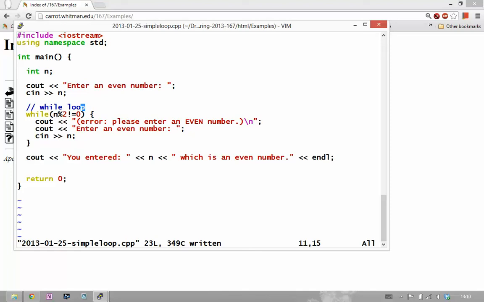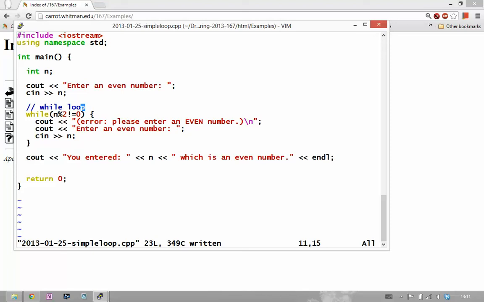Well, the program, remember, executes from top to bottom, statement by statement. So it declares a variable, prompts for a number, reads the number, and then it gets here. And a while loop will execute everything between the open curly brace and the closed curly brace over and over and over again as long as its condition is true.